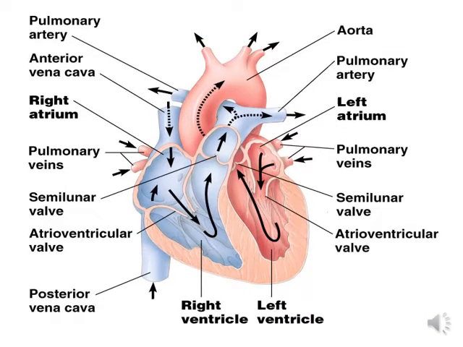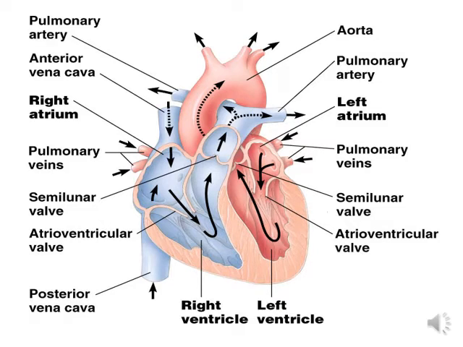So this is the structure of the heart. I want you to take note of the fact that the heart has two sides separated by some tissue here, which is the septum.